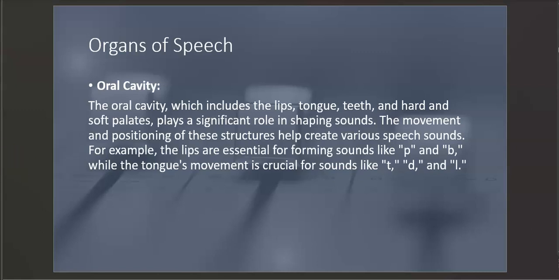All these features that we're talking about, the lips, the tongue, the teeth, the hard and soft palates, are what we know as the oral cavity. So the oral cavity includes the lips, the tongue, the teeth, and the hard and soft palates. All this put together forms what we know as the oral cavity.